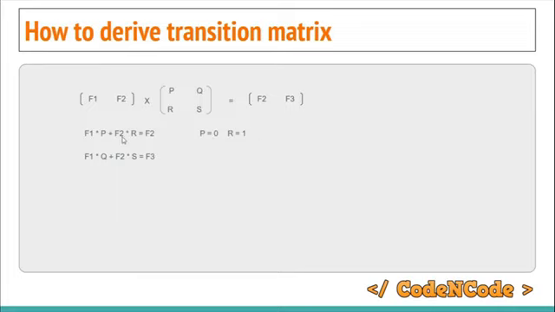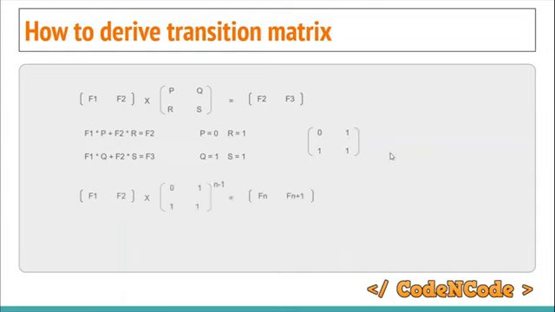If you replace p with 0 and r with 1, the left hand side and the right hand side become equal. And for the second equation, if you take q and s to be 1 and 1, f3 is the sum of the previous two terms, and that is why q and s would be 1. So the transition matrix would be 0 1 1 1.